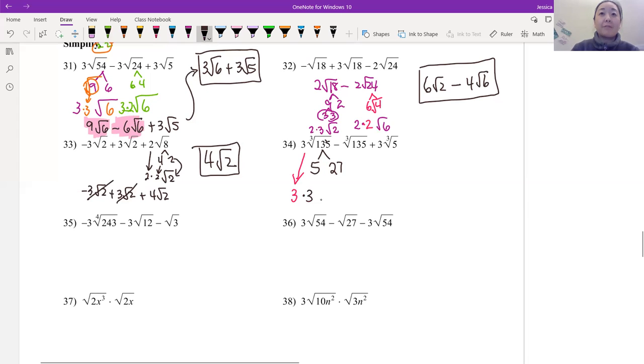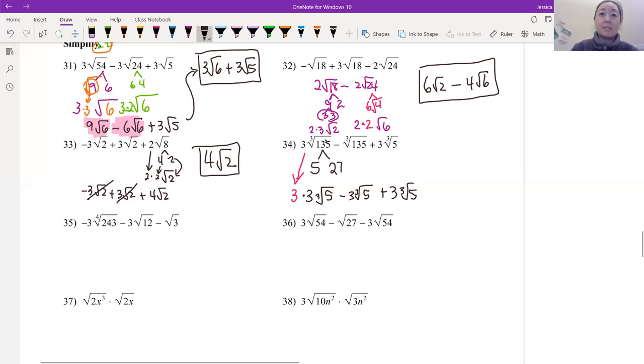And what do we have left is the cube root of 5. Okay. And so if I know that 3 cube root of 5 is the cube root of 135, well, that's going to be the same thing here. So minus 3 cube root of 5, right? And then, oh, this is something else. So this is plus 3 cube root of 5.